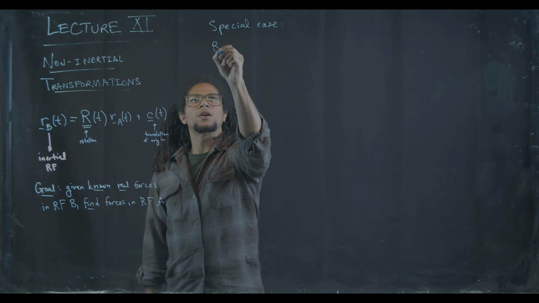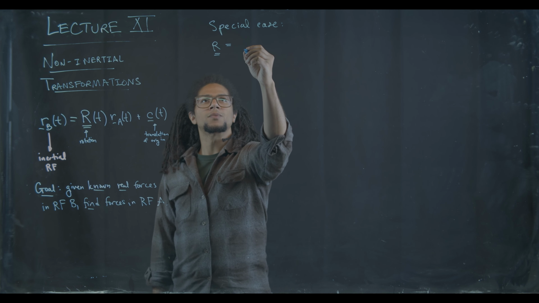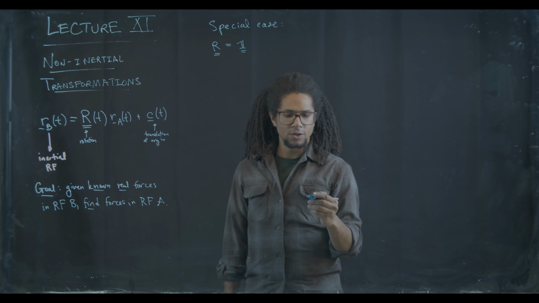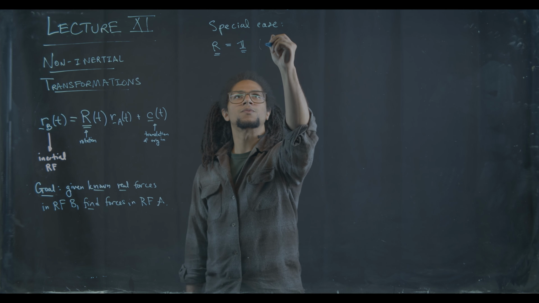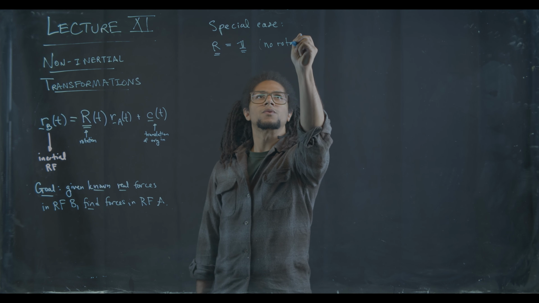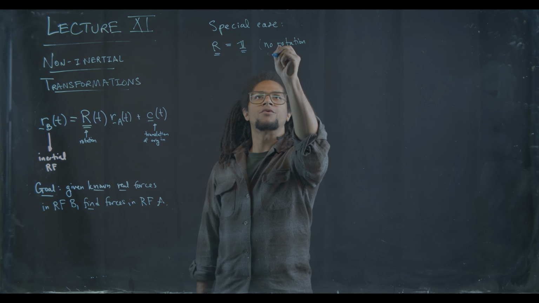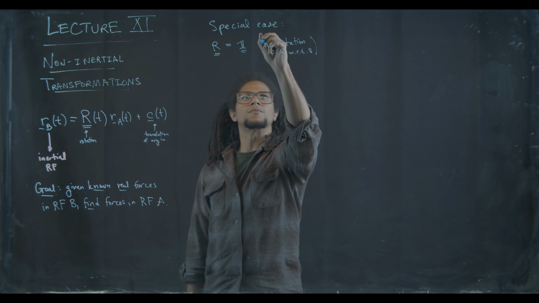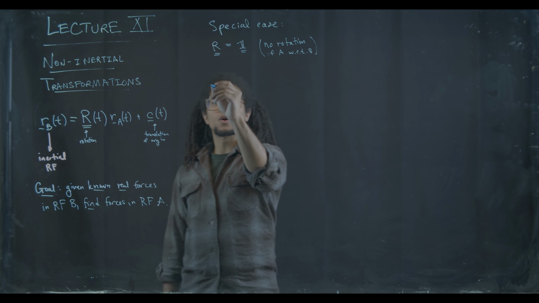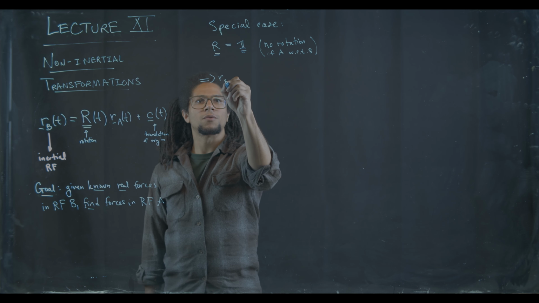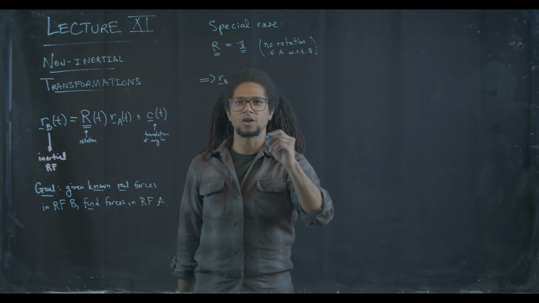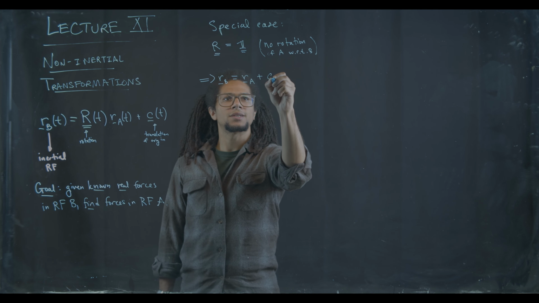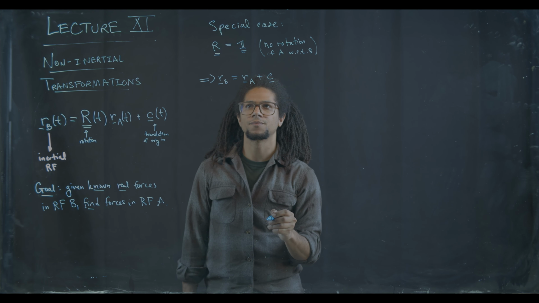The case where R is equal to the identity matrix. In other words, a case where we have no rotation of A with respect to B. All right, so note that this means that r_B, I'll drop the argument here, but it is still there, is equal to r_A plus C. Good.